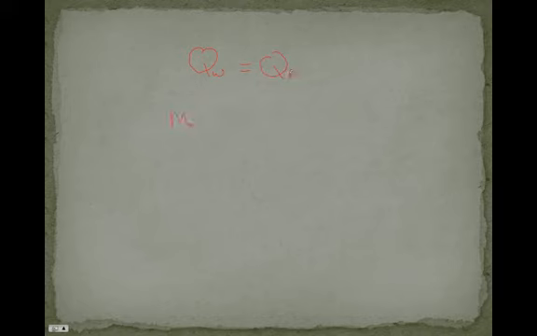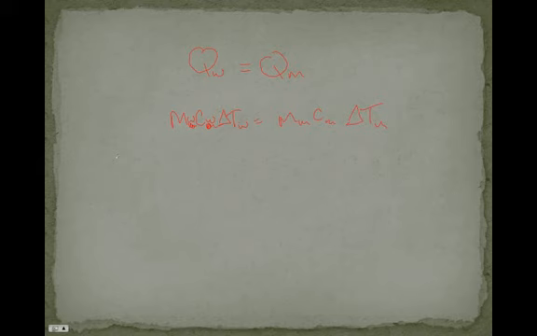So if I want to think about the mass, specific capacity, and change in temperature of the water, that equals the mass of the metal, specific capacity of the metal, and change in temperature of the metal. So this equation is set up right here. The heat that one lost is equal to the heat that the other one gained. It has to be this way. That's the law of conservation of energy.